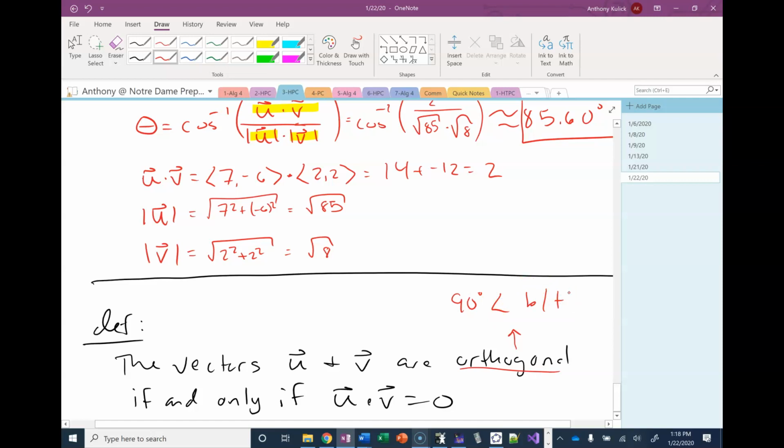We say two vectors are orthogonal if and only if their dot product is 0. Orthogonal just means the angle between the two vectors is 90 degrees.